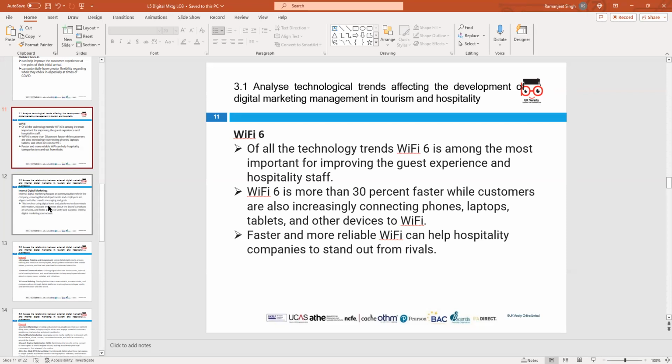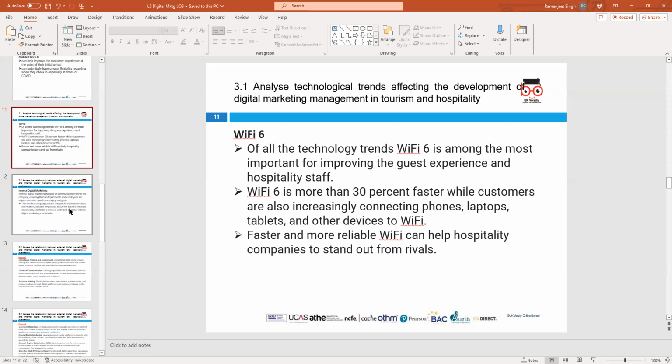And because Wi-Fi is getting faster and faster, like Wi-Fi 6, which is more than 30% faster than the traditional Wi-Fi systems, it's creating a lot of wow for connecting people's phones, laptops and other devices, because they want to communicate.